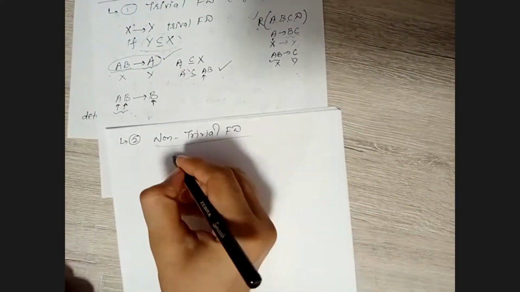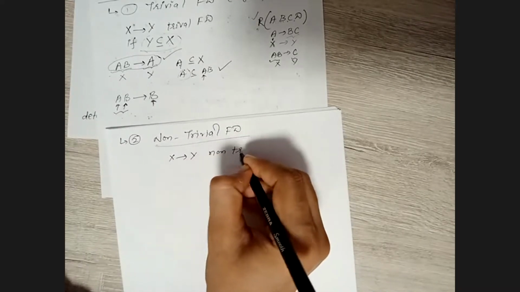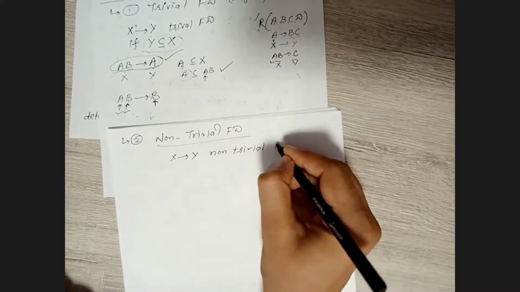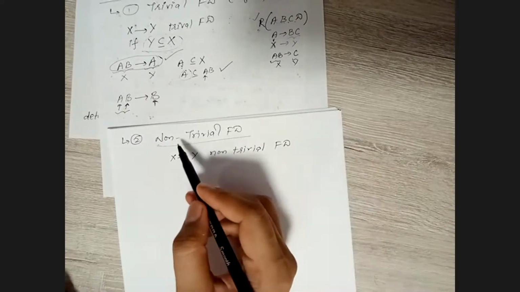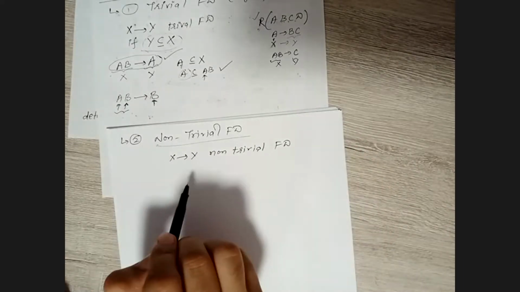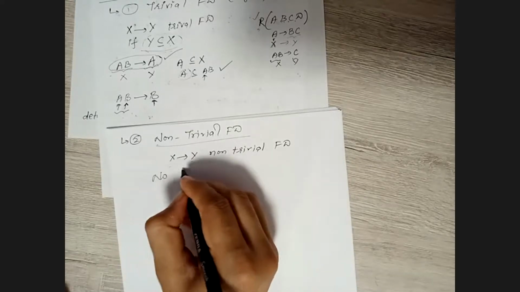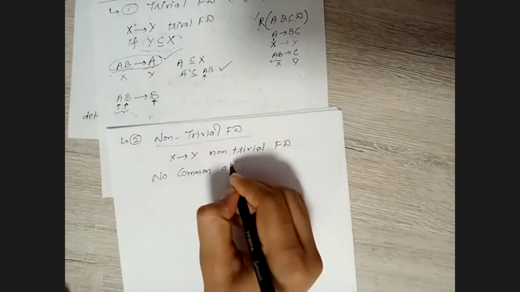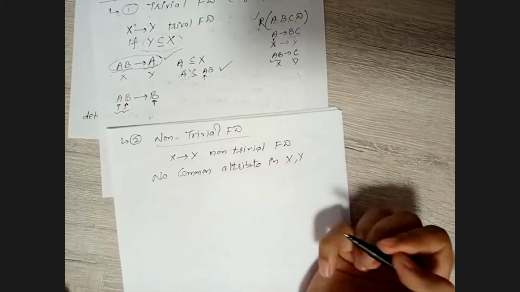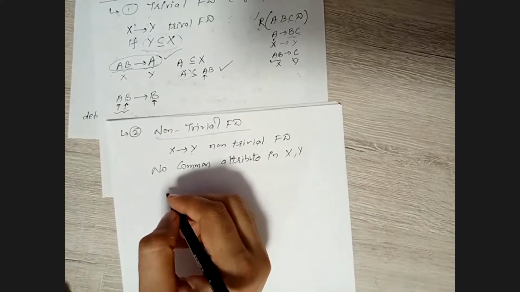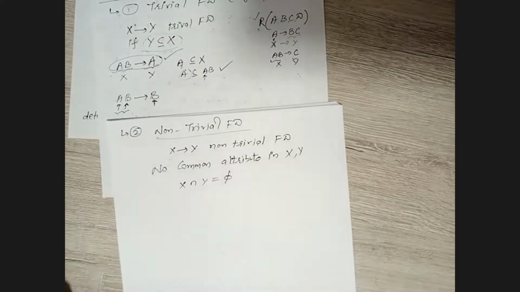With the same representation, X determines Y is a non-trivial functional dependency when there is no common attribute in X and Y. In set theory, we represent this as X intersection Y equals phi, empty.